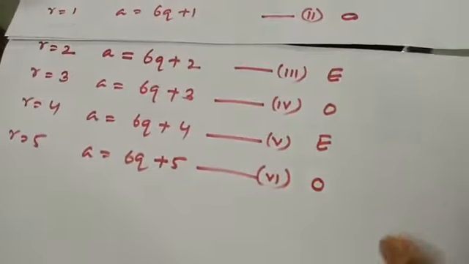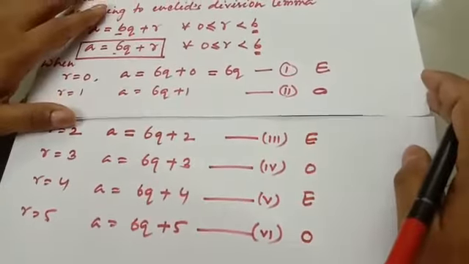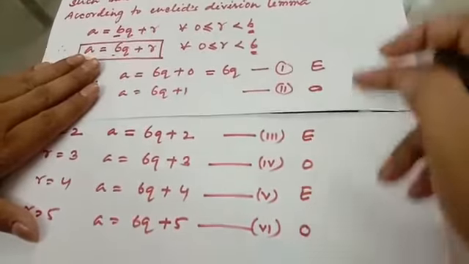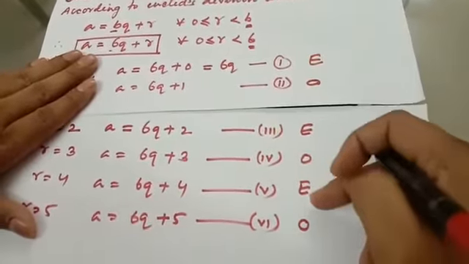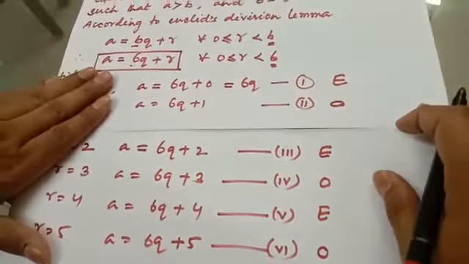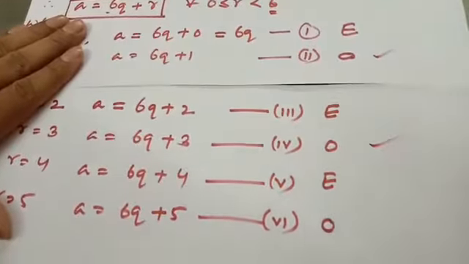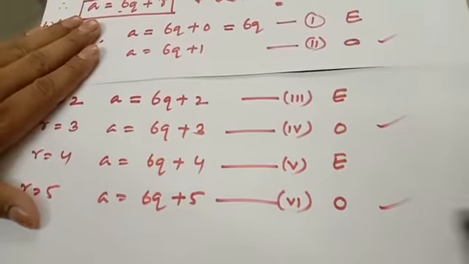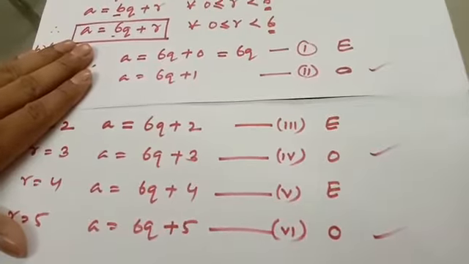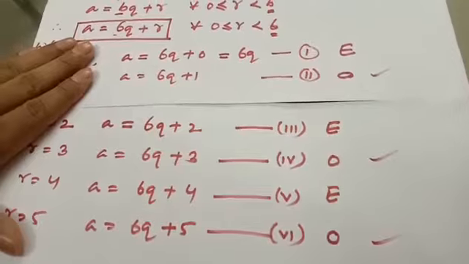So in this question you can see that any positive integer can be represented in these 6 forms, out of which 3 are even and 3 are odd. 6q plus 1, 6q plus 3 and 6q plus 5 represent odd integers as they are not divisible by 2.